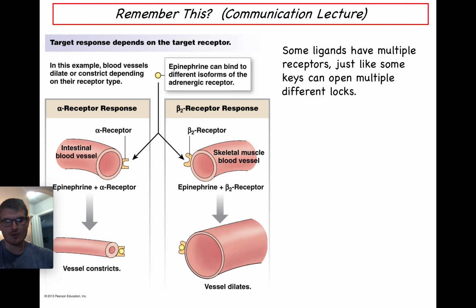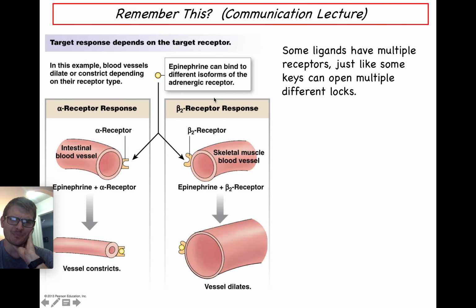So you'll remember this from our communication unit when we talked about how a ligand, like epinephrine, which you see here, if it binds to more than one type of receptor, you can get more than one type of response. So in this case, we can see as part of the fight or flight response, when epinephrine gets into the blood from the adrenal medulla, it can bind to alpha receptors, which causes vasoconstriction, and we reduce blood flow to places that don't really need a whole lot of blood flow, like the intestines and the kidneys.